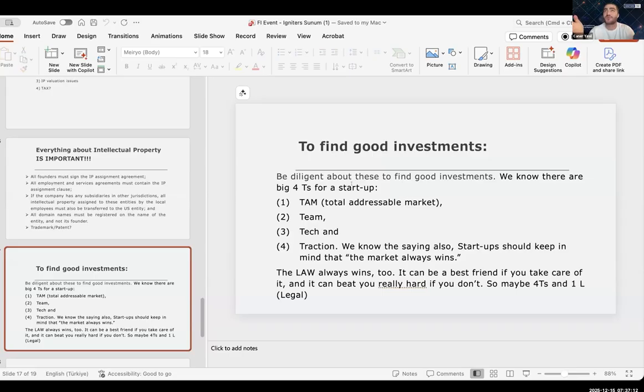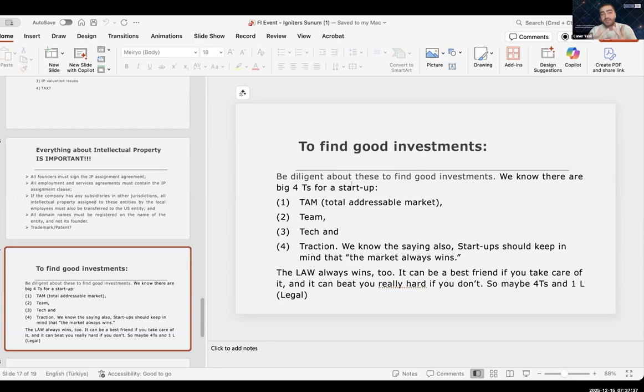A patent is really hard to obtain, so most startups don't have one. IP can be anything. Your customer list can be IP. Your designs, your notes on your MacBook as a founder, these can all be IP. IP is a super general term.